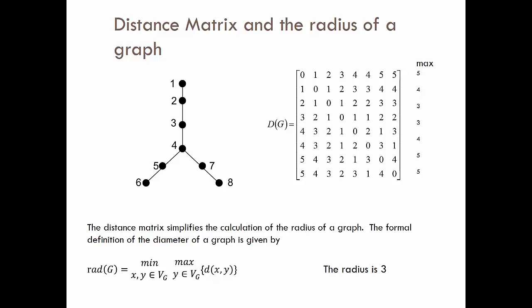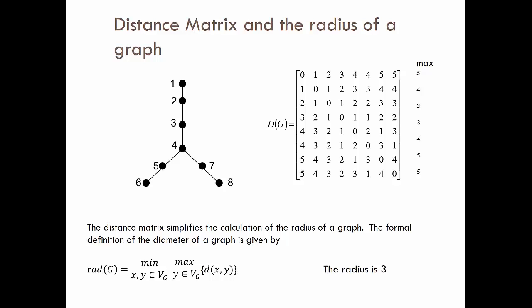The maximum in each row is now given. As we discussed earlier, the maximum of the third row and the fourth row is just 3. Now that we have the maximum of each row, we take the minimum of all the maximums. That's what our definition is telling us.